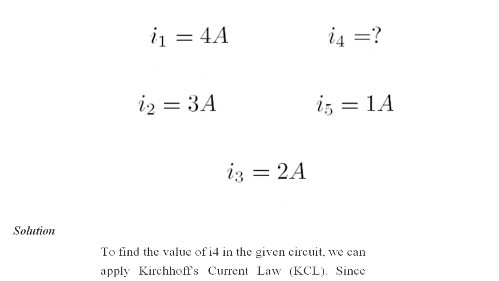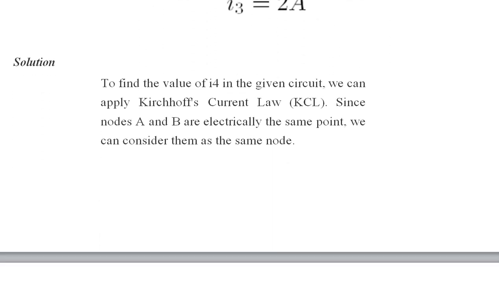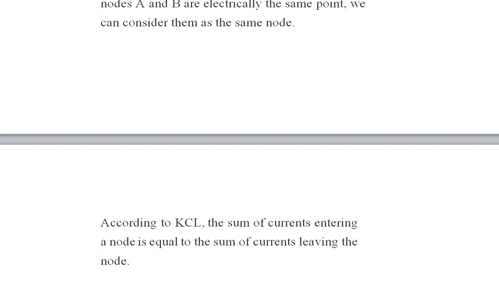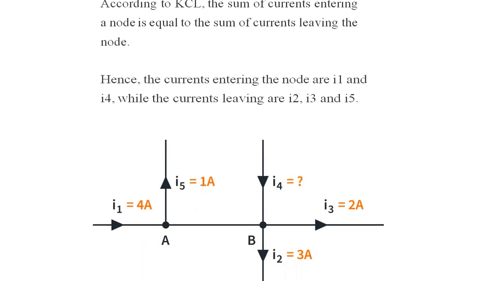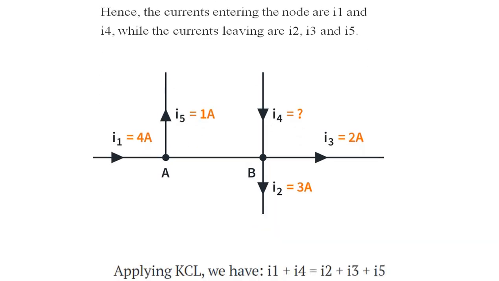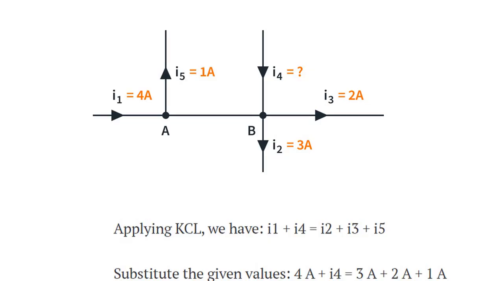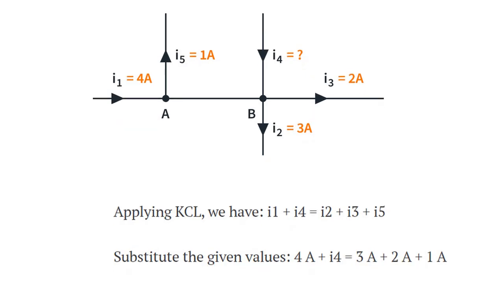By using the above formula, we calculate I4. Applying KCL, I1 and I4 are the currents entering the nodes A and B. I2, I3 and I5 are leaving the nodes.